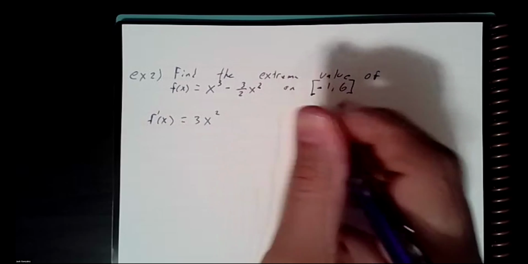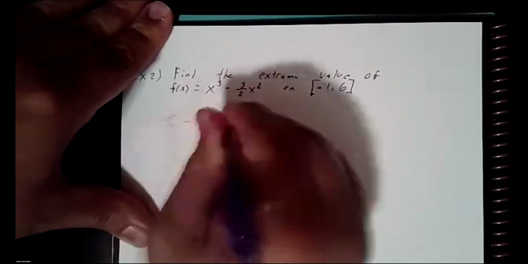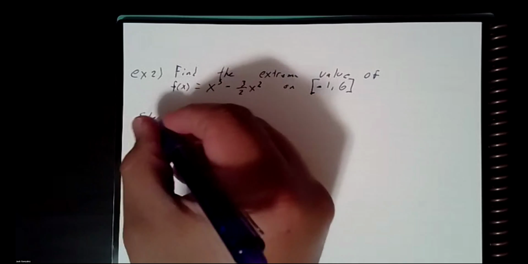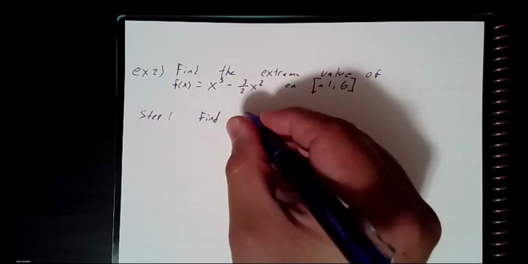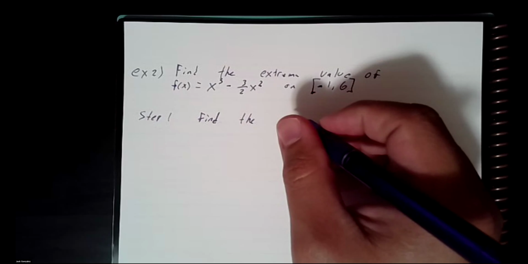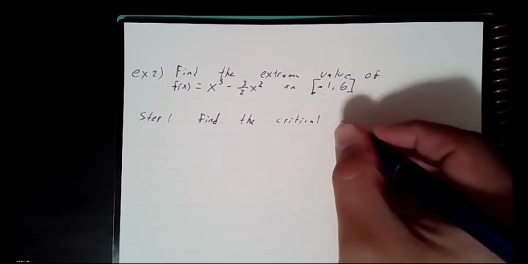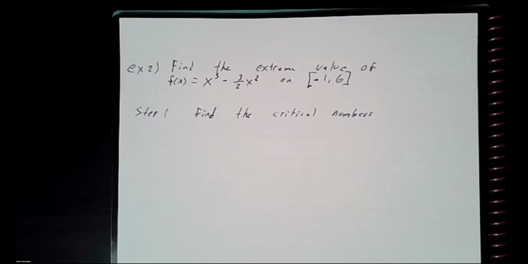So take your derivative. Let me write the steps first. So step one, we got to find the critical numbers. So we said to find the critical numbers, we have to take the derivative.